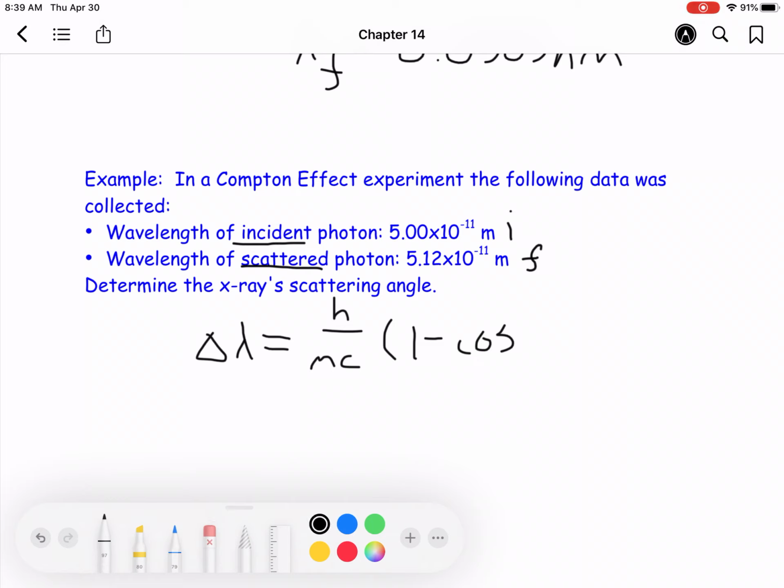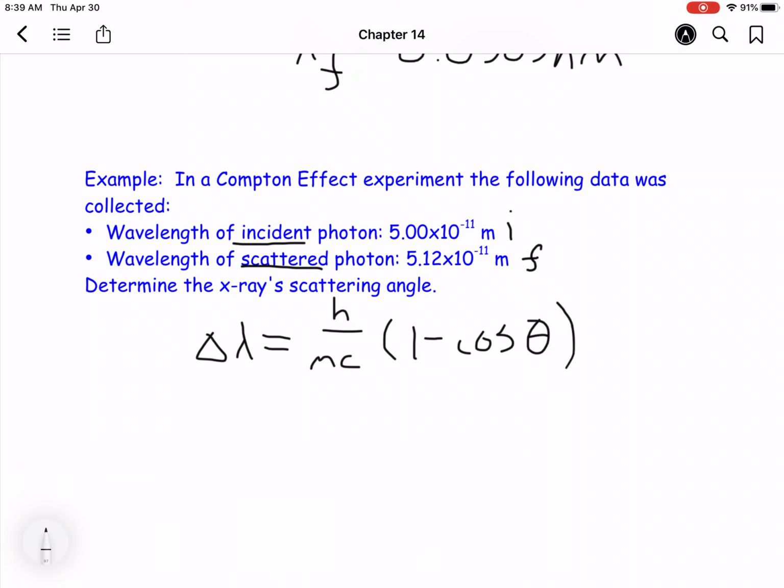Jeez, brain's got to fire up this morning. And so the difference between those is 5.12 to the negative 11 minus 5 to the negative 11, which is 1.2 times 10 to the negative 12.